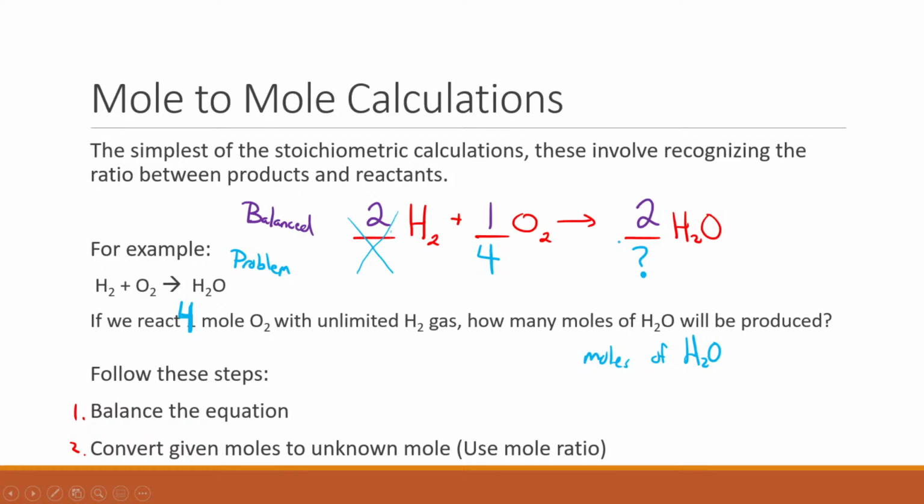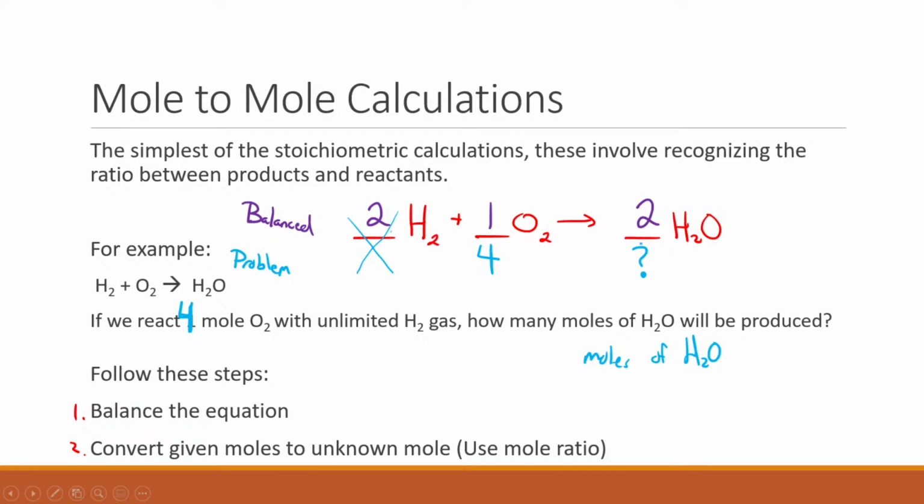Depending on how you like to think about these, you can look at the relationship between numerator and denominator here, and apply that same relationship here. Saying 1 over 4, the denominator is 4 times bigger. So here, my denominator should also be 4 times bigger, so 2 over 8.